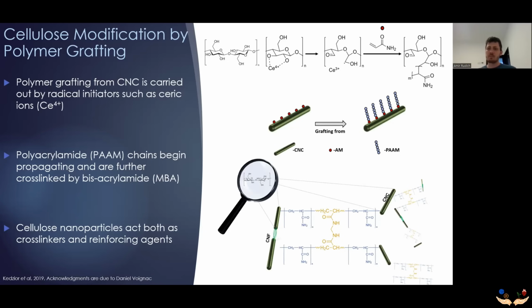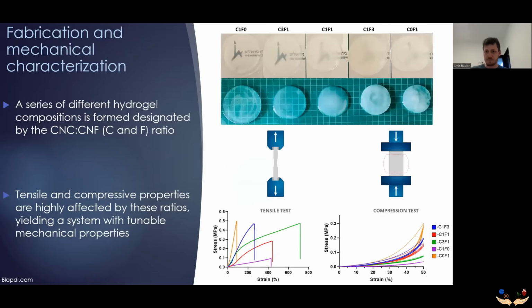Then, by using the same radicals from oxidation, we're able to slowly form long chains of polyacrylamide, finally ending up with a very homogeneous network of polyacrylamide cross-linked by its usual crosslinker bisacrylamide, with CNC and CNF embedded all throughout the matrix, resulting in a very, very strong material that is very different from just pure acrylamide.